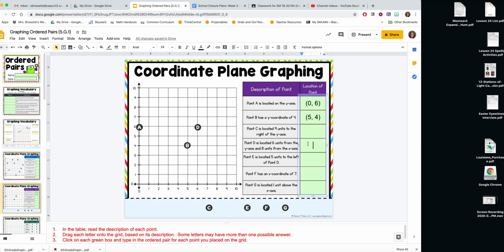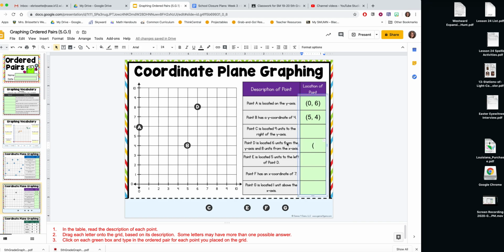And I'm going to do my ordered pair. Oh, I'm sorry, 8 units, not 6. There we go. I moved it because I did 6 units from the x-axis, and this is an 8. All right, let's try this again. I'm going to start with my parentheses.